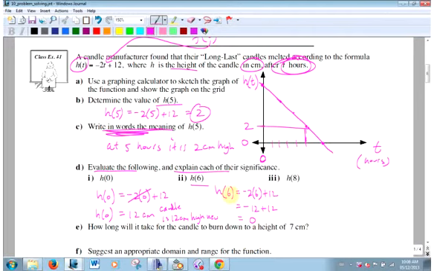What does this say? At 6 hours, yeah, the height is 0. The candle height is 0. What's another way to word that in common sense language? What can we say about that?